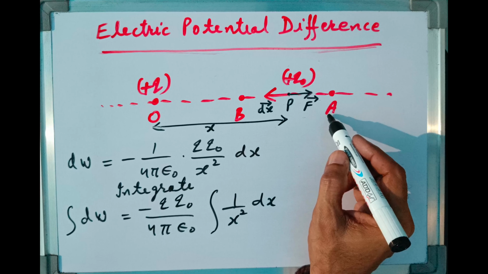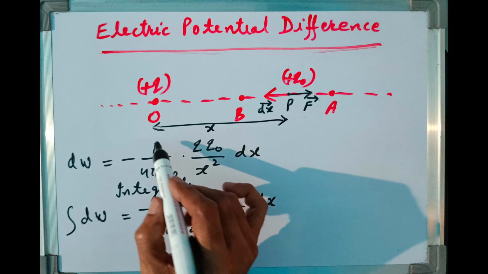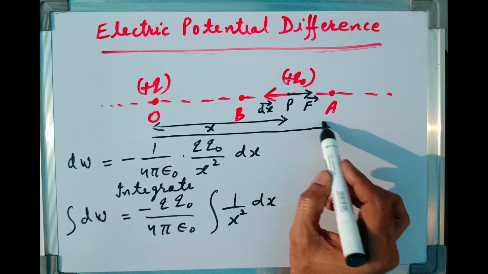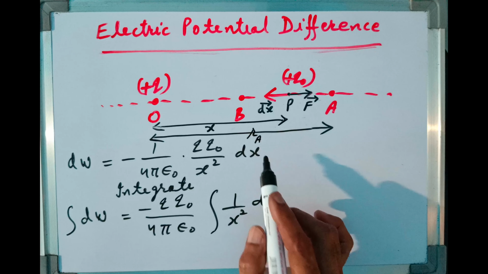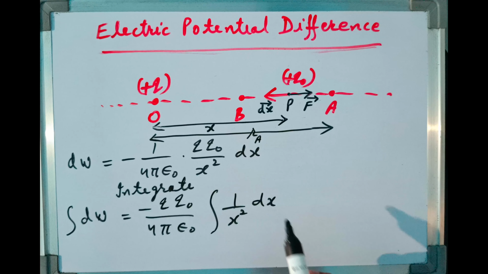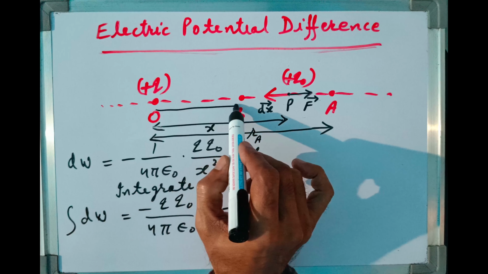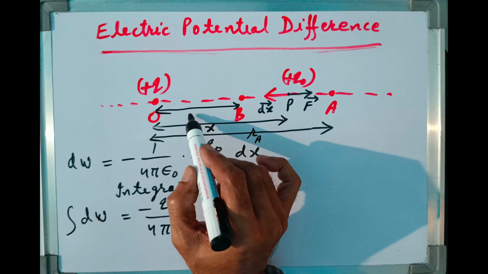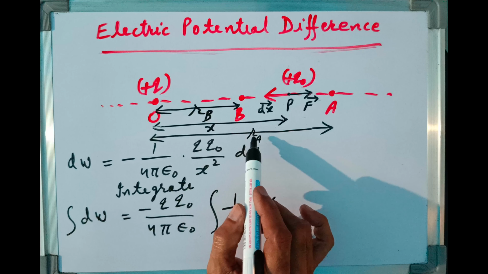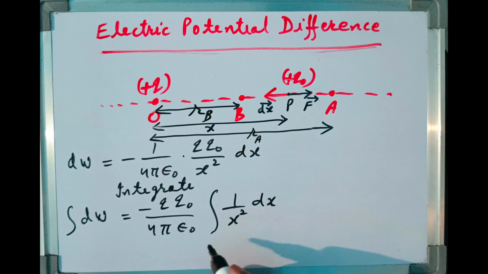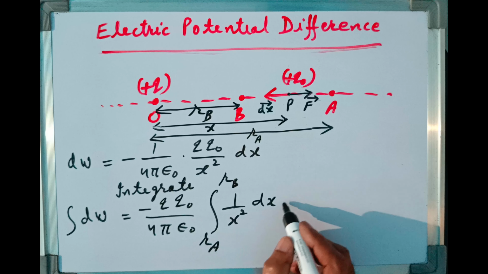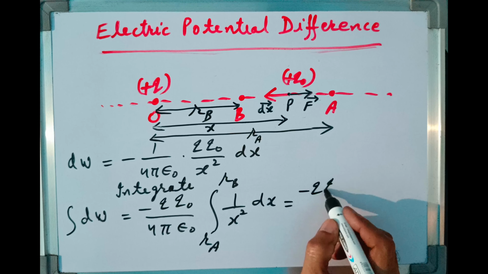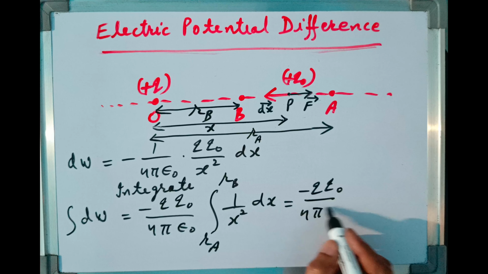I am starting from point A, I will terminate at point B. Let me call it distance RA, that is distance of point A from the source charge. Similarly, let me suppose distance of second point B from the source charge is RB. So these are the lower and upper limits. Starting limit is RA, we are starting from A point and we are ending at B point, it will be RB. Now we have to solve this integration and get our required answer.